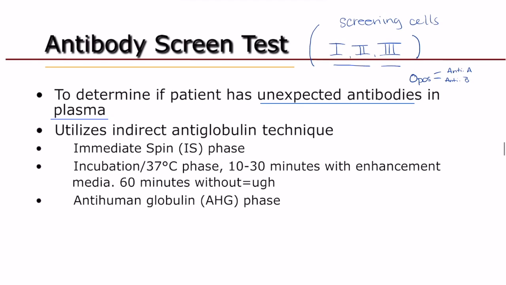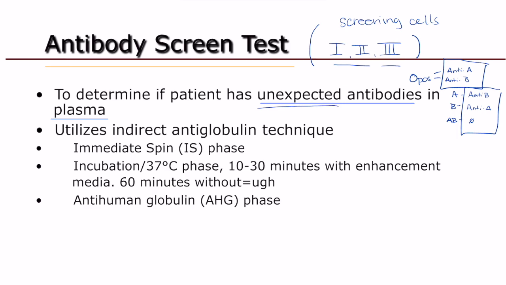If the patient is A, we expect them to have anti-B. And if they're B, we expect them to have anti-A. And if they're AB, well, that's actually when we don't expect them to have any. So these right here are your expected antibodies.